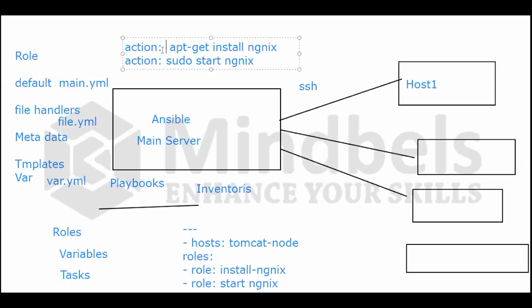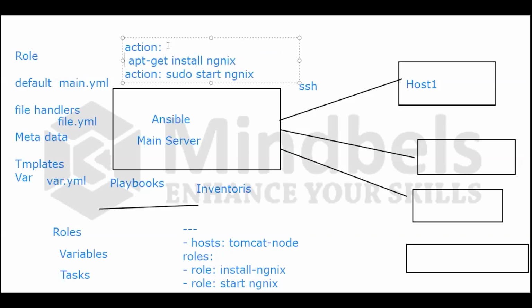Here I have to write first, I missed one command here, action, and apt-get install. wget is used to get the RPM or MSI, whatever it is, and then the URL of where your RPM is. So if you are seeing, I have to write three commands: wget, then apt-get install, then sudo start.